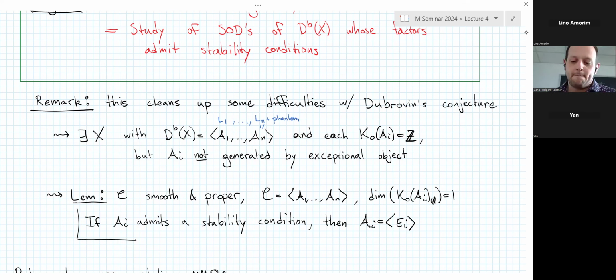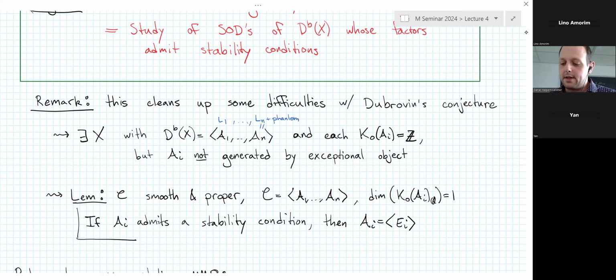And so when you're engaging in the hunt for full exceptional collections and trying to study this phenomenon, if you only restrict yourself to semiorthogonal decompositions that come from paths in the stability manifold converging to some point on the boundary, then you automatically get full exceptional collections as soon as you get a decomposition that looks like it comes from a full exceptional collection.